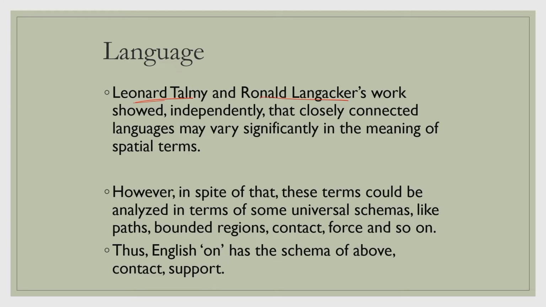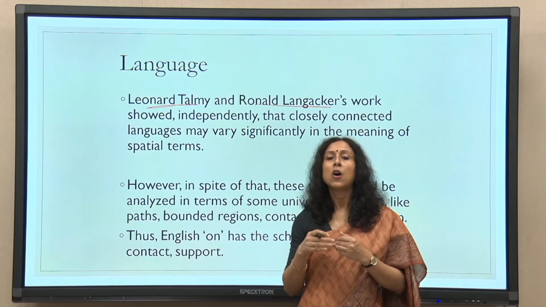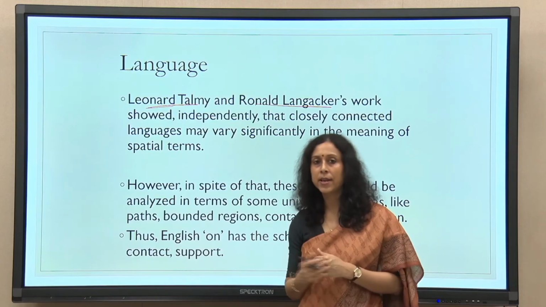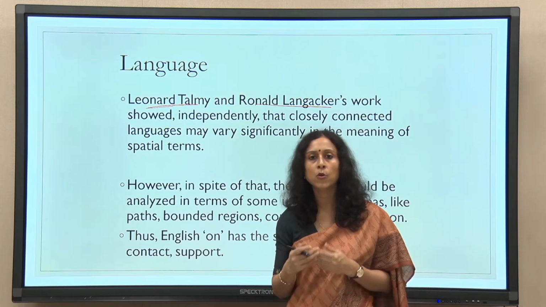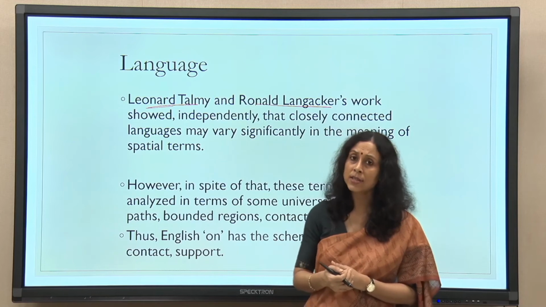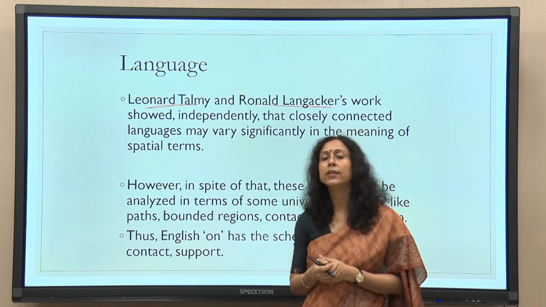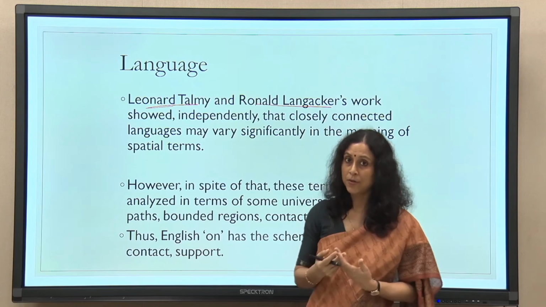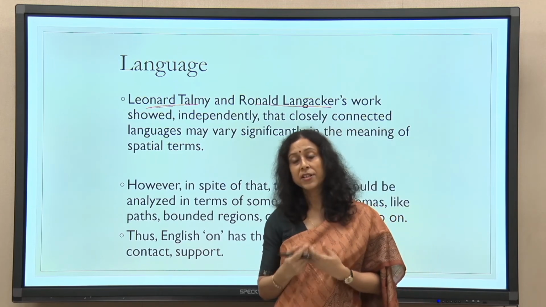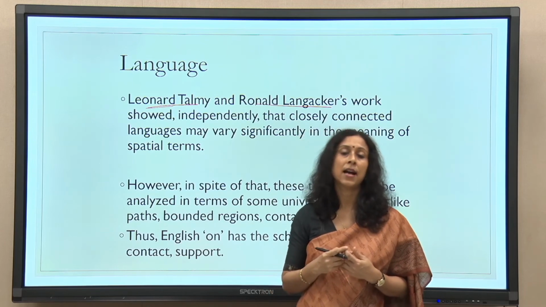So, there are various ways of talking about the movement of objects in space. So, these are the domain of motion verbs. How do we define human locomotion or any other kinds of movements of objects, how does a language talk about it, how does it describe it. So, spatial terms in very many languages are actually different.